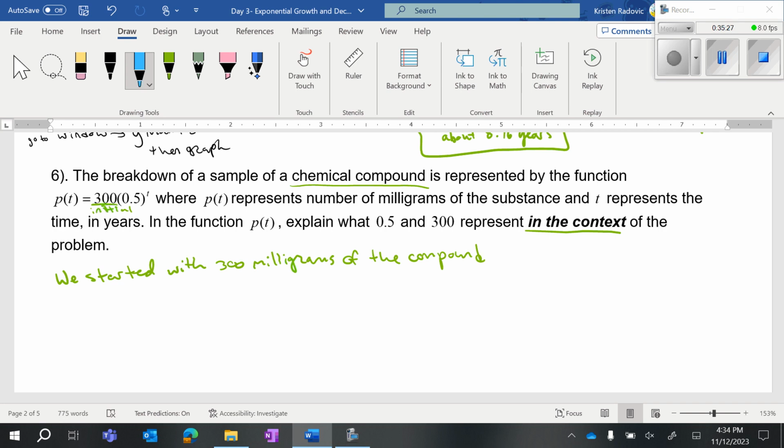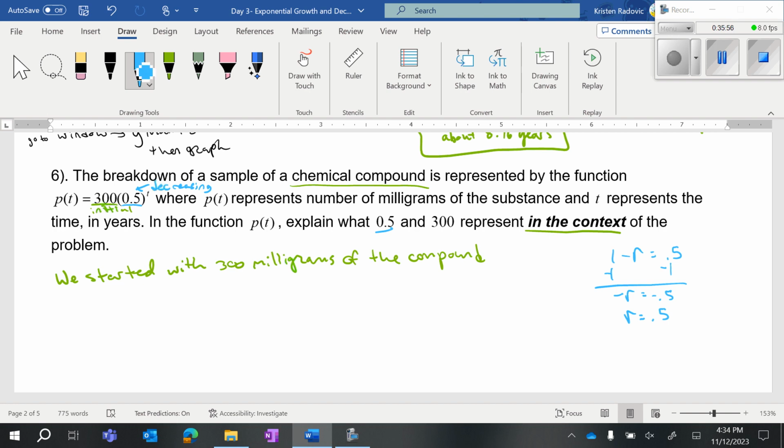What does the 0.5 represent? Well, the 0.5 means that you are decreasing. How much are you decreasing by? You're decreasing by 50%, because if you have 1 minus r equals 0.5, and you solve for r, you get that r is equal to 0.5. So this is the case where the factor and the rate are the same value.